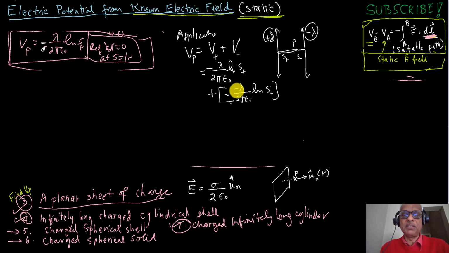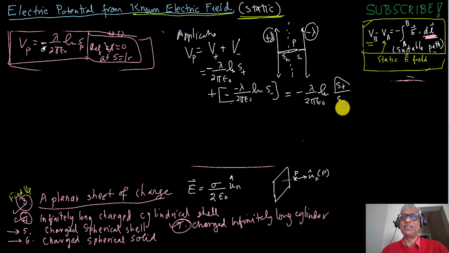This minus cancels out, and this will be simply minus lambda over 2 pi epsilon naught log S plus over S minus. So you can see that at equal distance from the two wires, when this ratio becomes 1, the electric potential is 0, right?